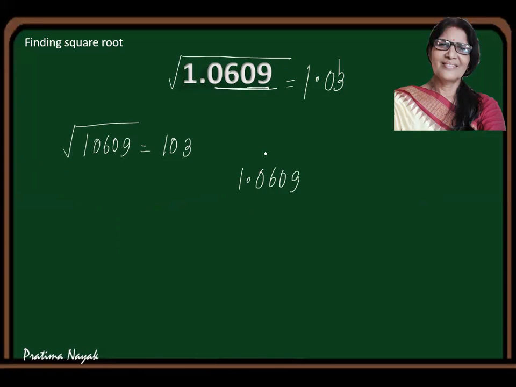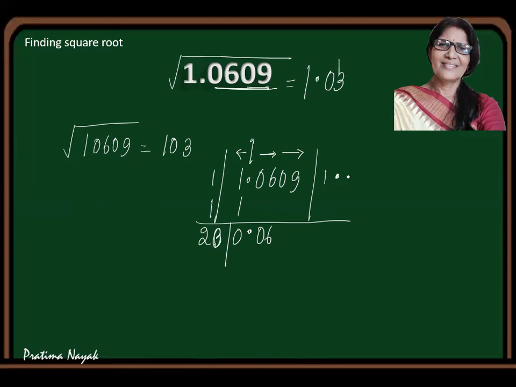1.0609. I'll make pairs from the decimal towards the right and here towards the left. The first is very easy. 1 multiplied by 1 is 1. 1 square is 1. Then the decimal. Here also you'll put the decimal. 0, 6. This will be 1 plus 1, 2. Then I'll put 3?